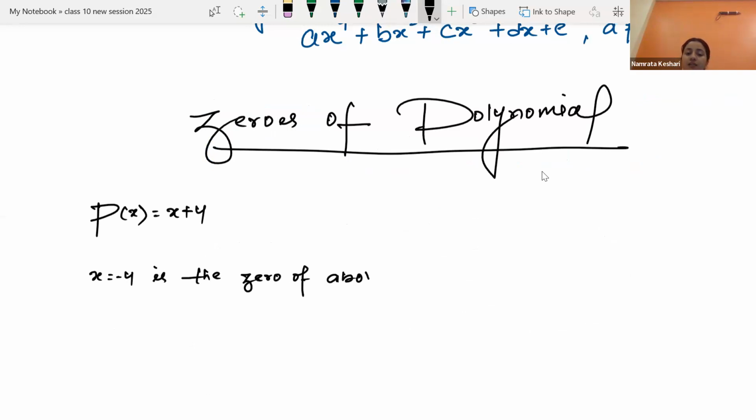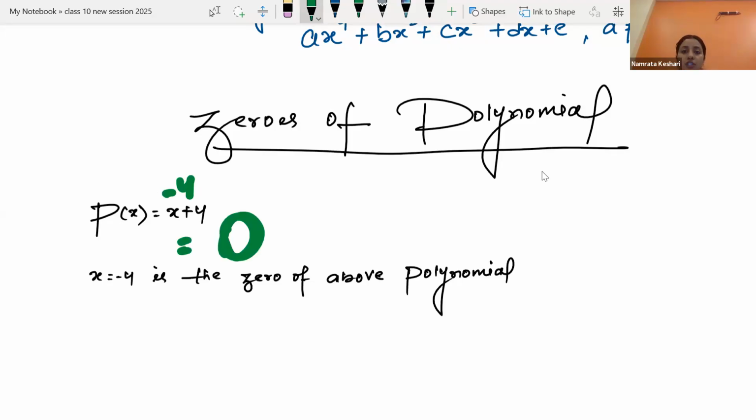But do you understand this in this manner as well: when we substitute minus 4 at the place of x, the whole polynomial's answer, the whole simplification, will become 0, and such an x value is called the 0 of the polynomial. Do you understand in this manner also?